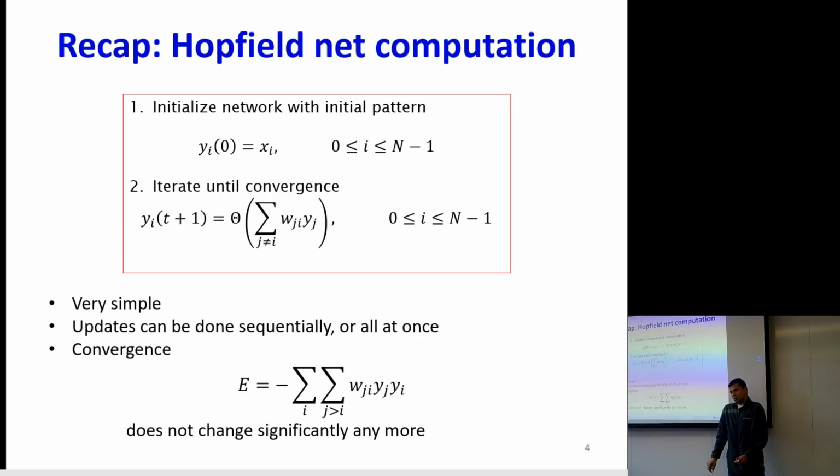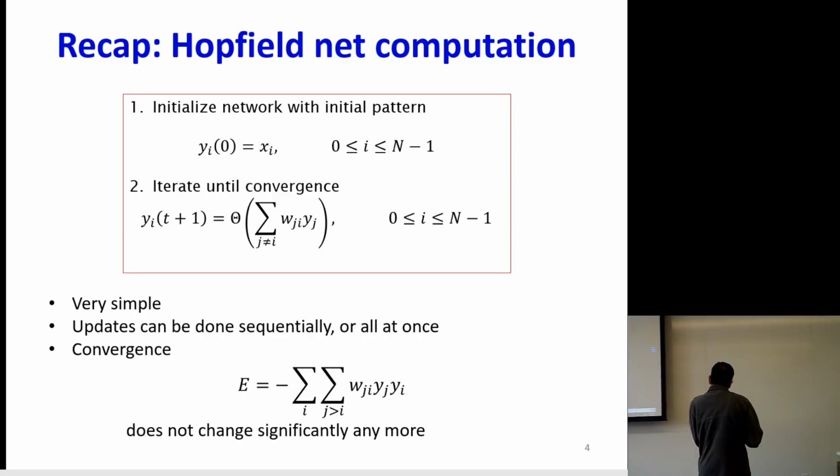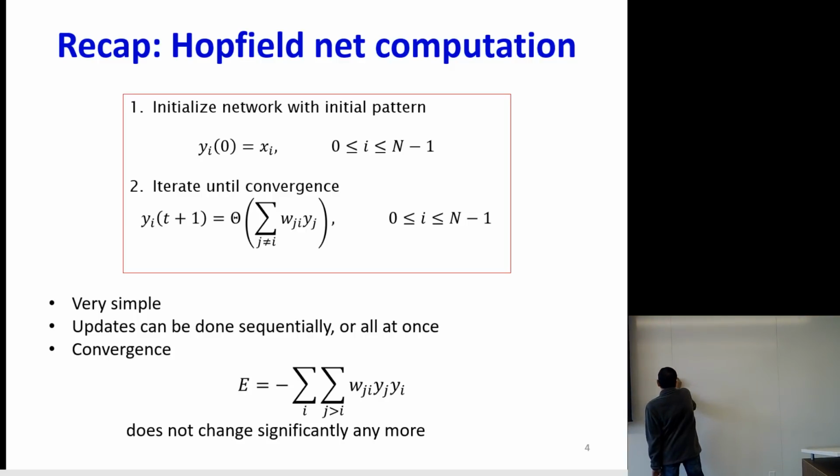The term theta over there is basically just a sign function. And the updates can be done sequentially or all at once, right? Now here, I would like to draw a little diagram just for the sake of illustration. We will use this diagram a few times. So let's think of this as time.